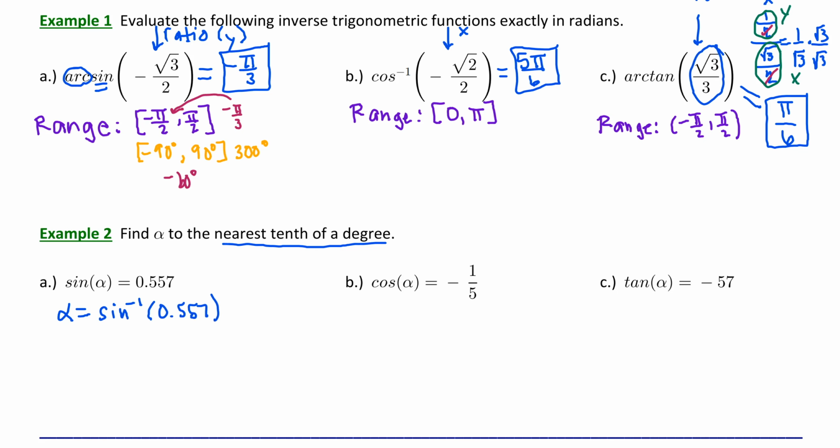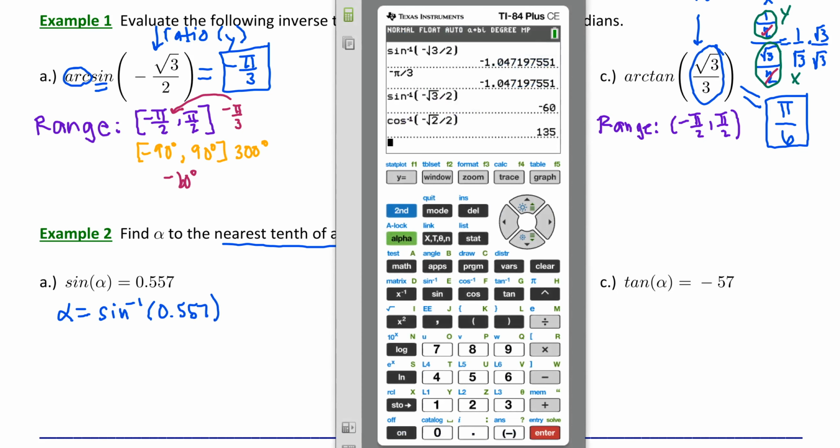So I'm just applying the inverse sine to both sides, and then we can type this into our calculator. I am already in degree mode, so I can evaluate inverse sine of 0.557, and we'll approximate to the nearest tenth of a degree. This gives us about 33.8.